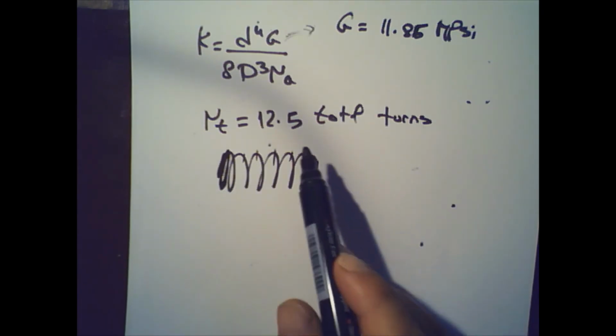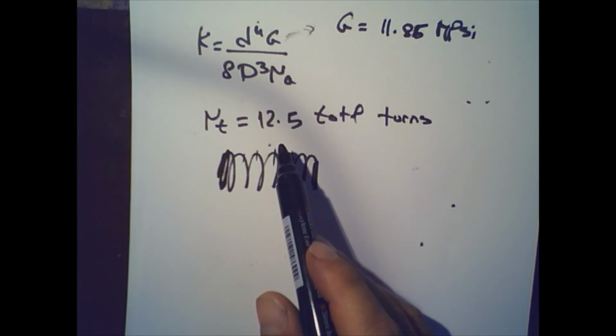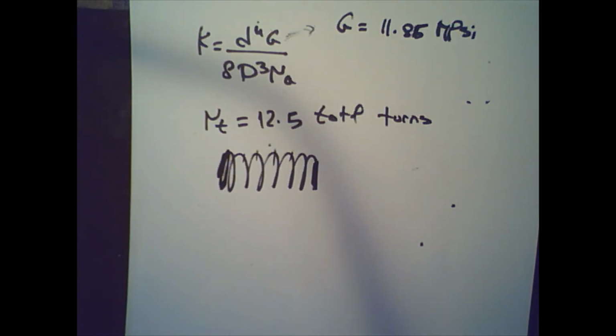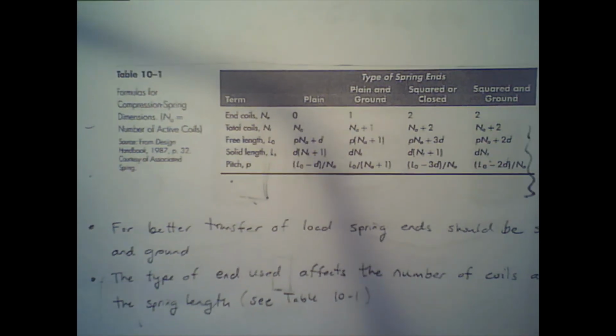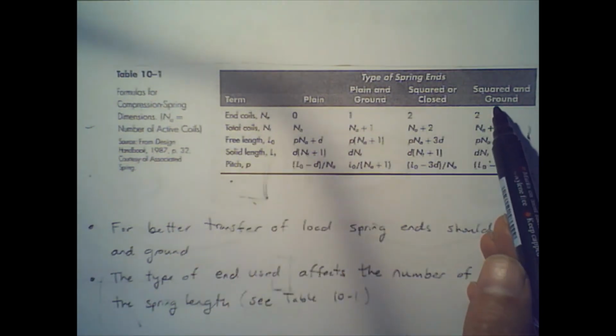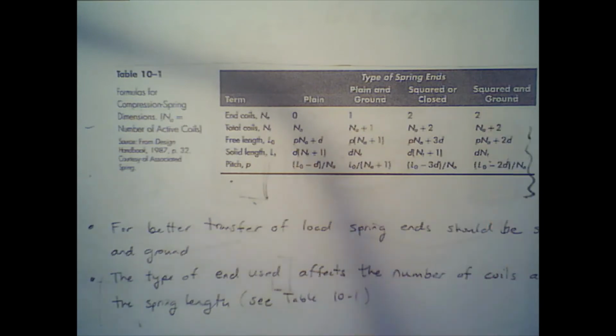So we have NT. How do we get NA? What you have to do here, I think you should know by now, is use the table that we were using, and I'm going to pull up that table right now. Yes, this is the table that we have, and in the example that we had, the spring was square and closed. In that case, you want to come to here.